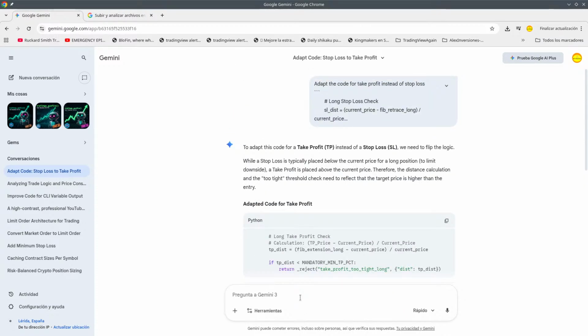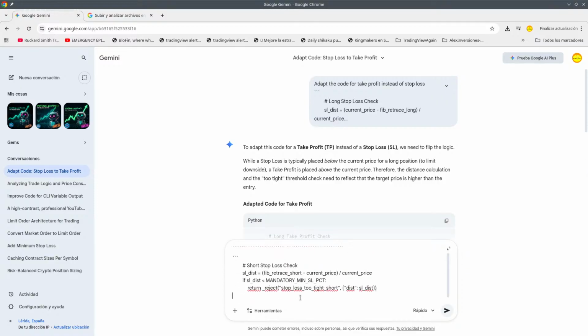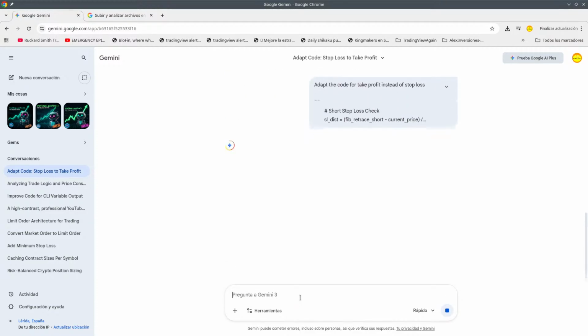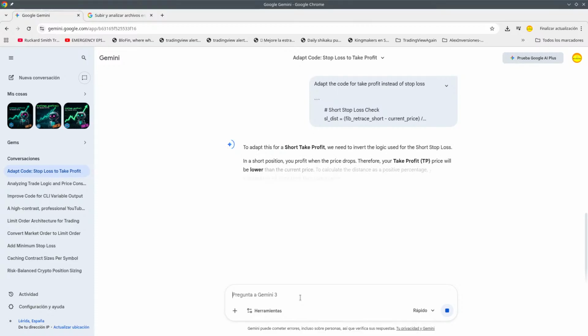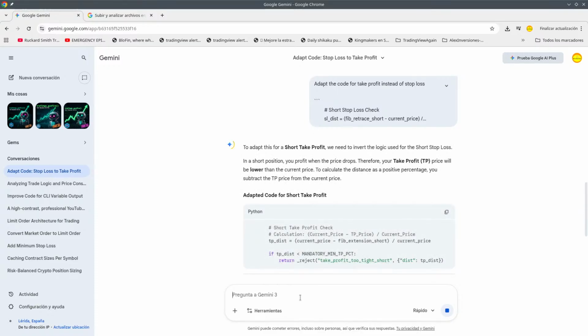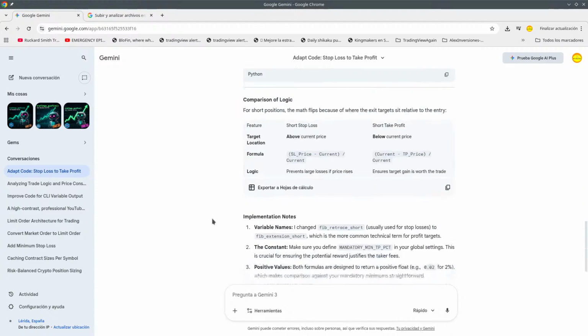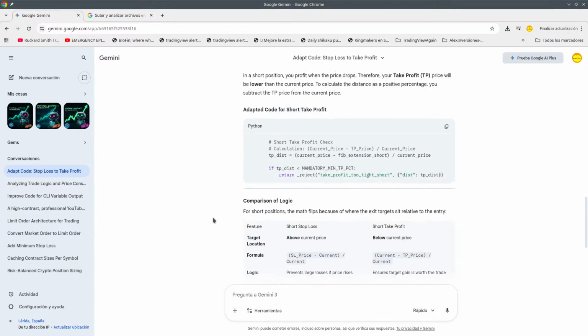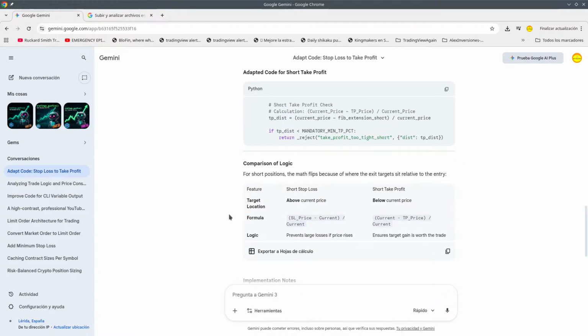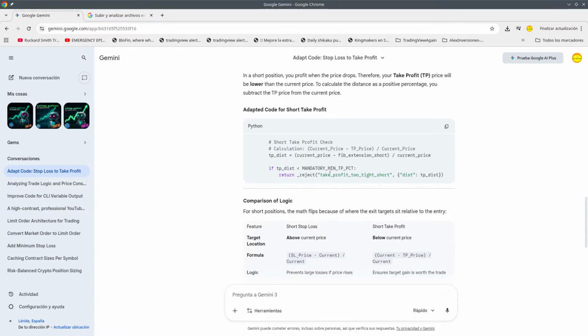So adapt the code for take profit instead of stop loss.